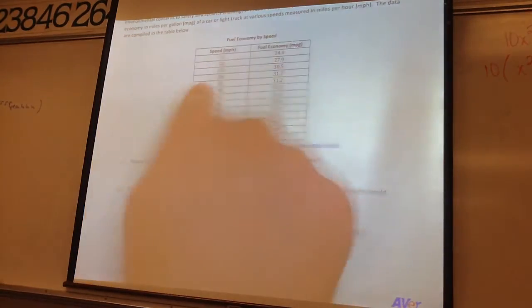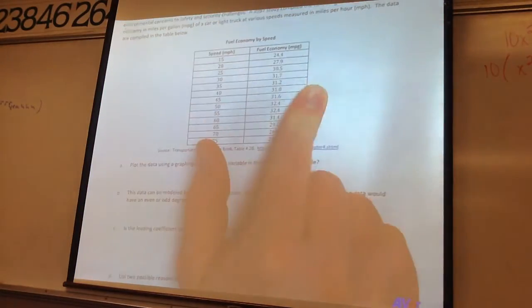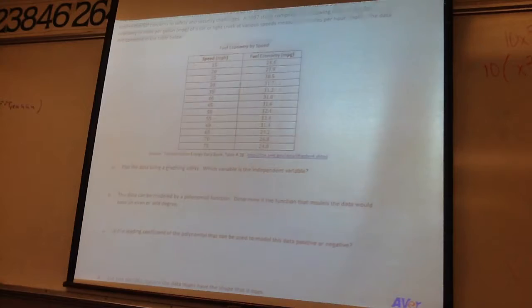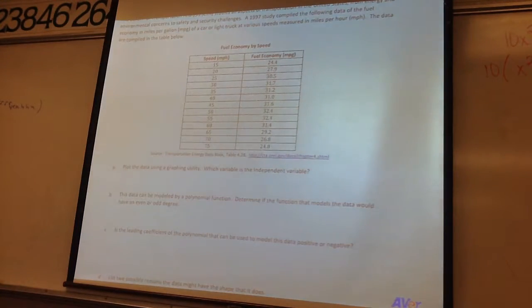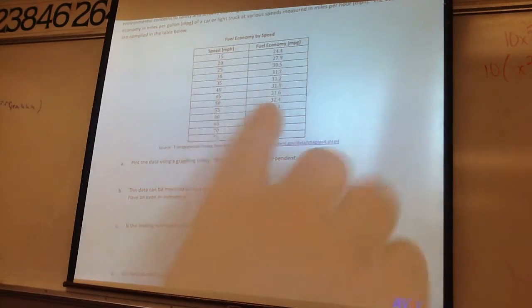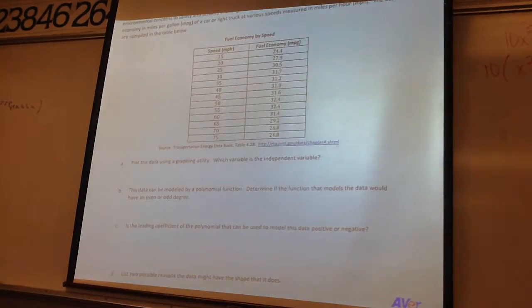Yeah. Or does how fast you're driving depend on the fuel economy? Maybe you're one of those people who says, I'm not going to drive over 55 because then my fuel economy goes down. You could make an argument that that's the independent variable, but that'd be a stretch. Usually your fuel economy depends on how fast you're driving, so speed is independent.